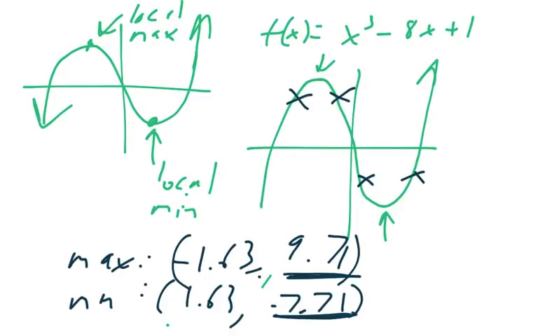They give us the entire point. And that's how we find maximums and minimums, domains and ranges, increasing intervals and decreasing intervals from looking at a graph.